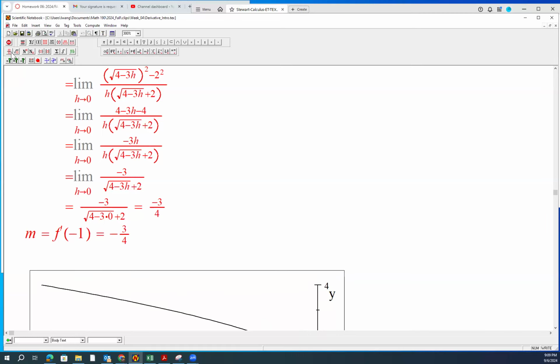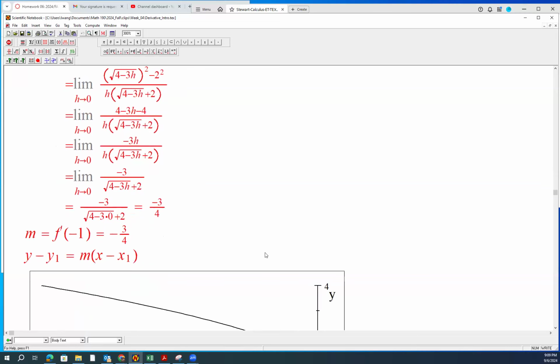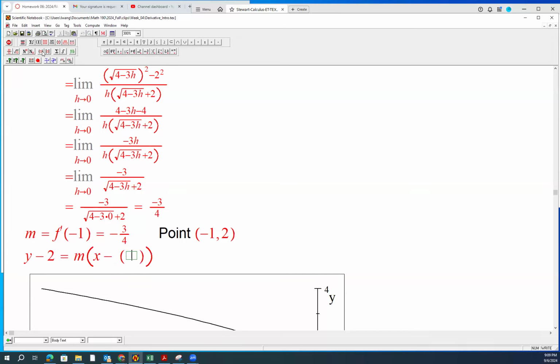Once we found the slope, we just use the point slope formula: y minus y1 equals slope times x minus x1. The point is that one, so we plug in: subtract 2, subtract negative 1, and m is negative 3/4.